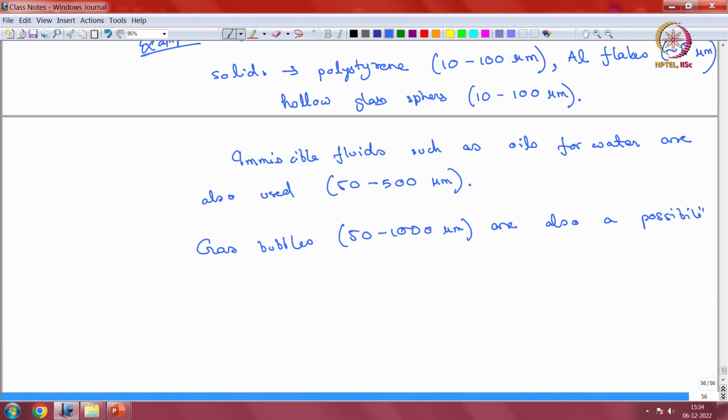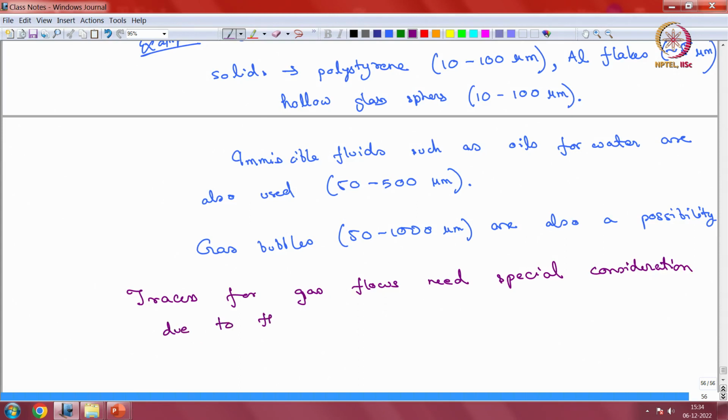So you can see we are discussing some of the practical aspects of adding a tracer, and you will have to figure out your tracer particles for yourself. Now, tracers for gas flows are slightly different. Gas flows often need special consideration because of the density mismatch, the low density of gases.